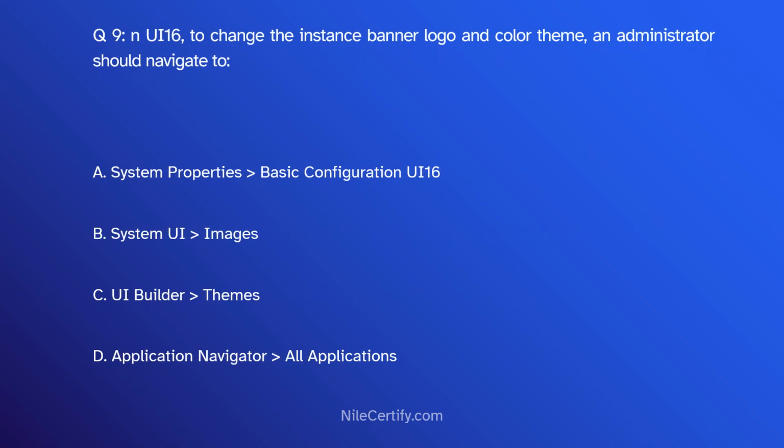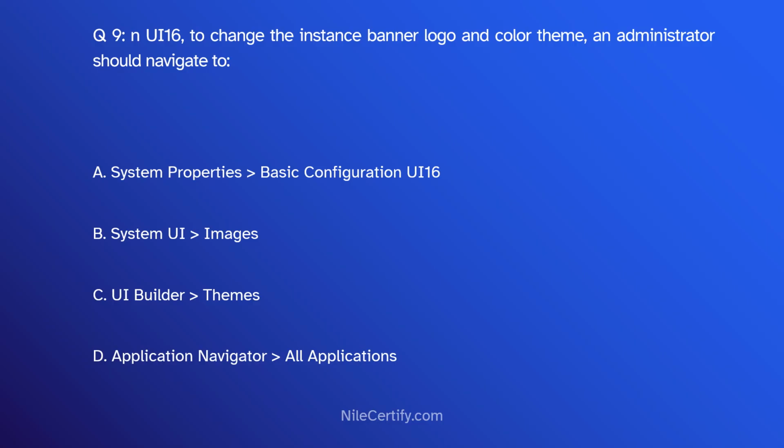Question 9, in UI16, to change the instance banner logo and color theme, an administrator should navigate to which option? A, system properties, followed by basic configuration for UI16. B, system UI, images. C, UI builder, themes. D, application navigator, all applications.